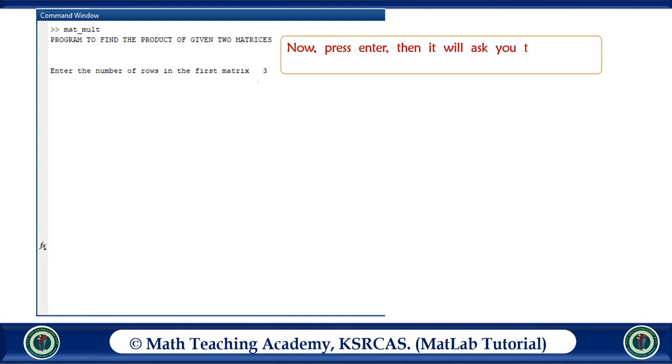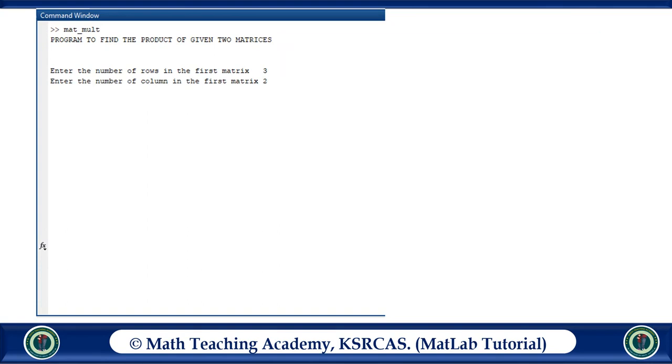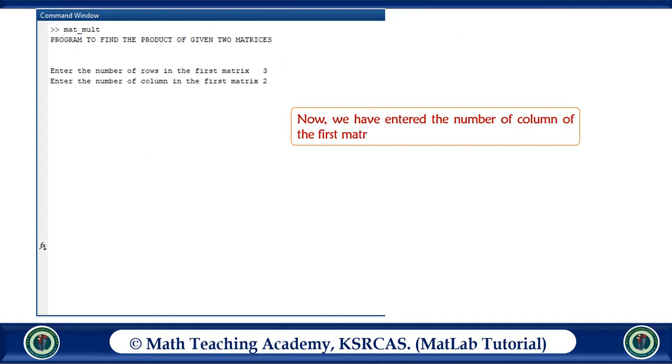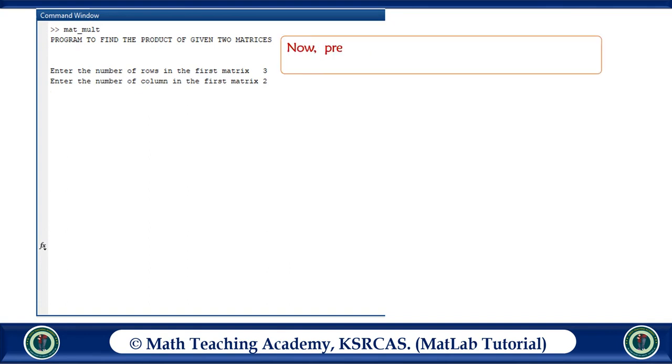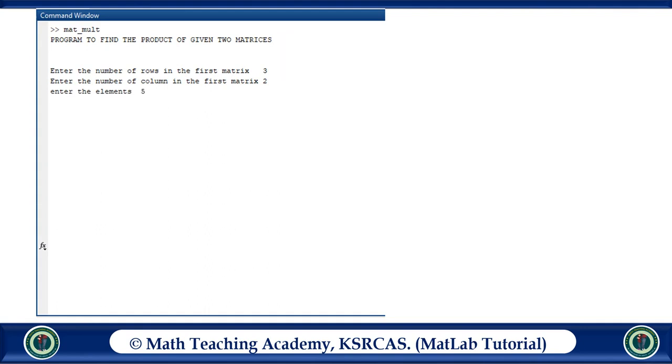Now press enter, then it will ask you to enter the number of columns of the first matrix. Now 2 has been entered as the number of columns. Now press enter, then it will ask you to enter the elements. Now 5 has been entered as the element.